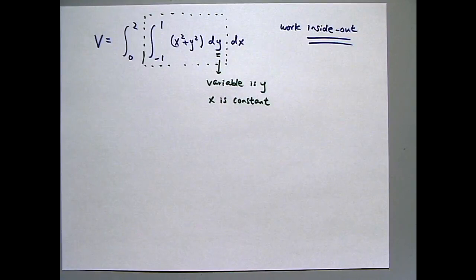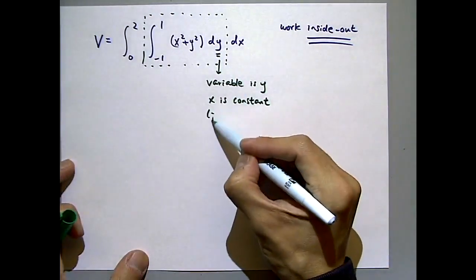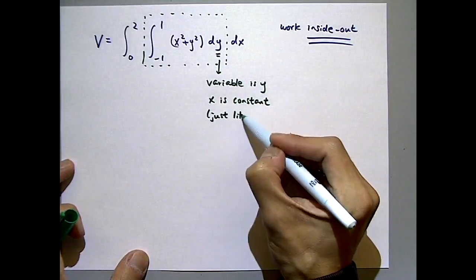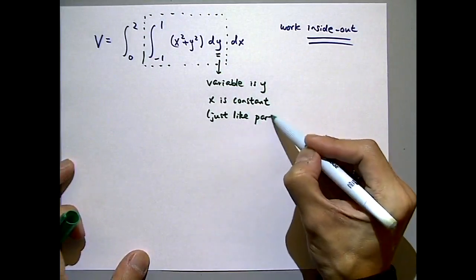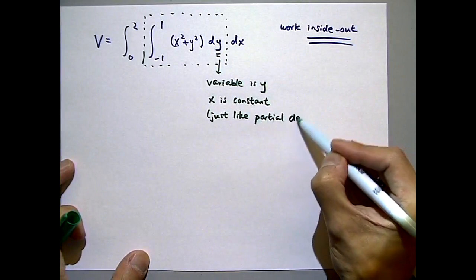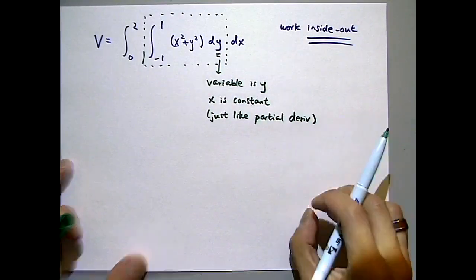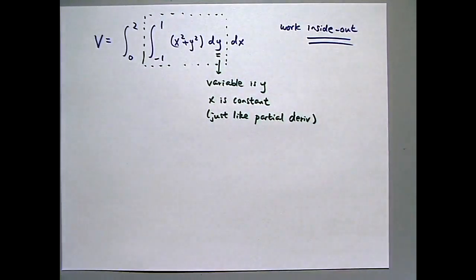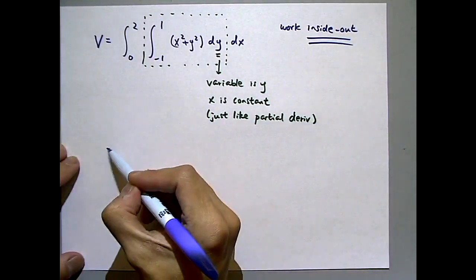Remember, in partial derivative, we hold one thing constant, treating the other thing as a variable. Exact opposite of that. So just like partial derivative. Does that make sense? All right, so let's do that.